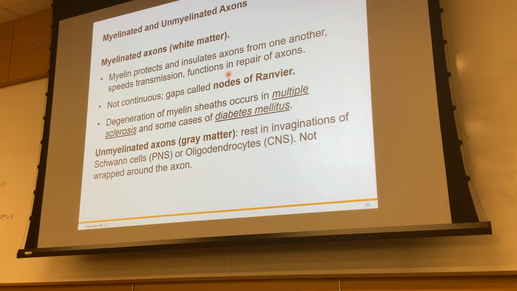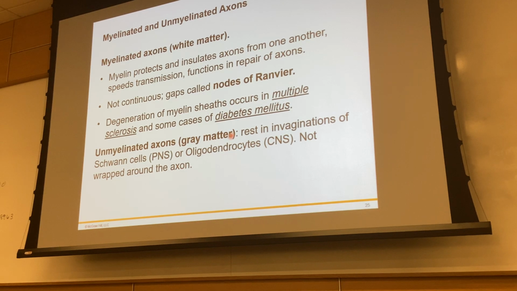The action potential will occur at a node, or the node of Ranvier. And there are examples where the myelin sheath will degrade. One example is multiple sclerosis, and that's largely a neuromuscular disease. Another example is diabetes. In both cases, they basically cause a degeneration of the myelin sheath.